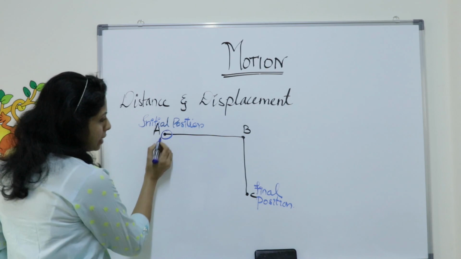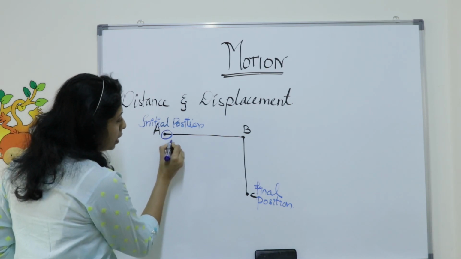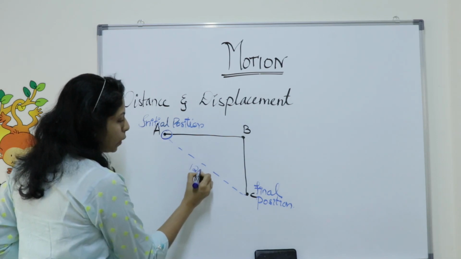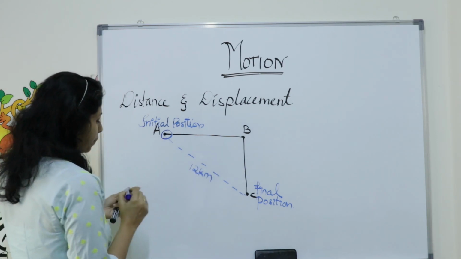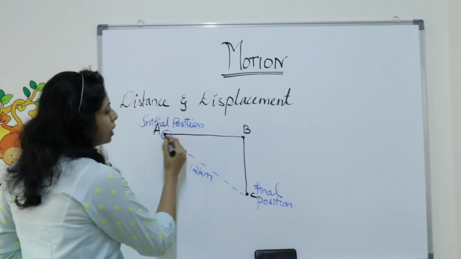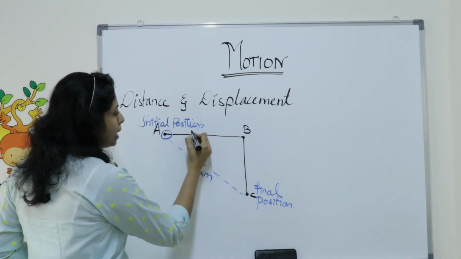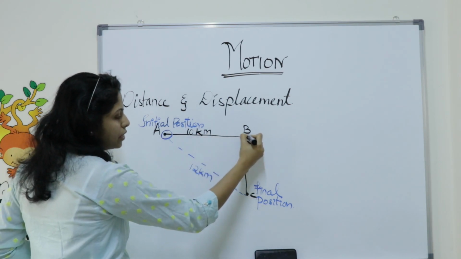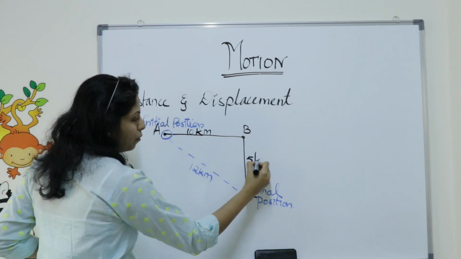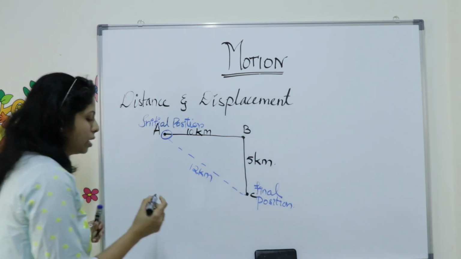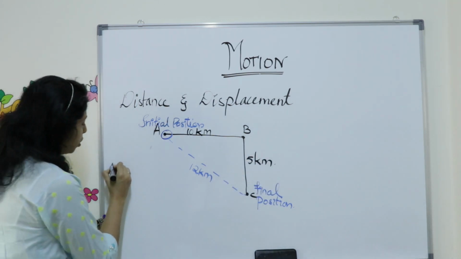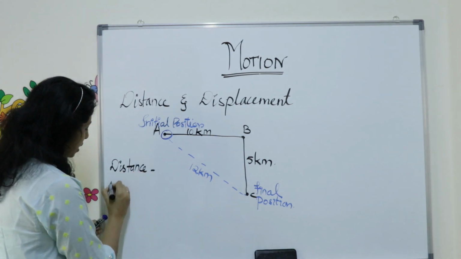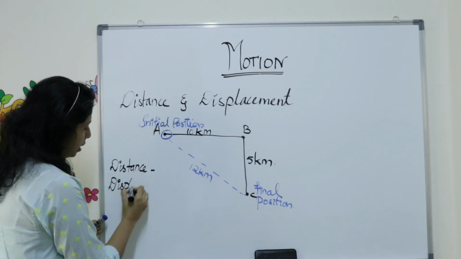And let us consider the distance between the initial position and final position to be 12 kilometers, and the distance from A to B is 10 kilometers, and the distance from B to C is 5 kilometers. From this, let us find out the value of distance and displacement.